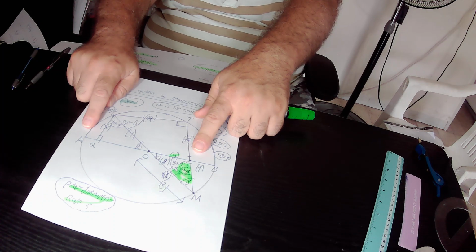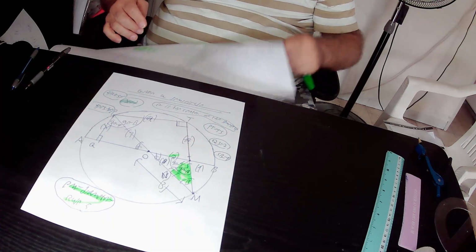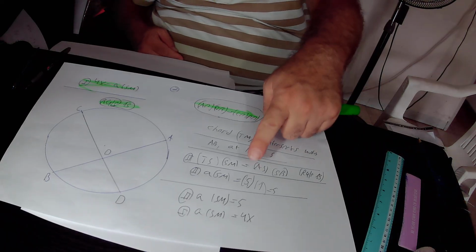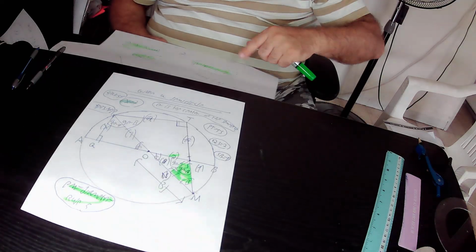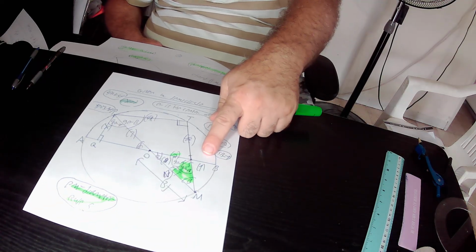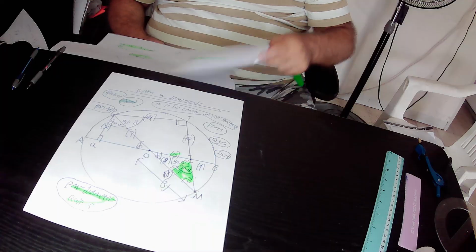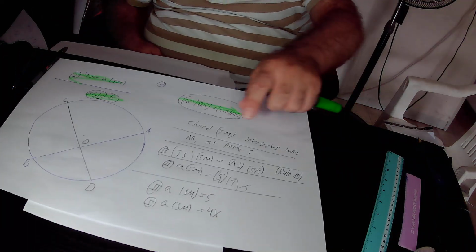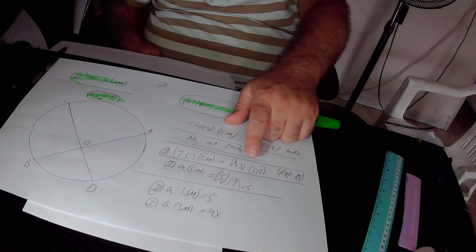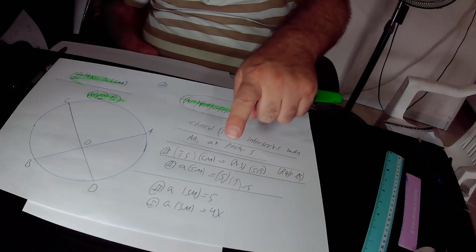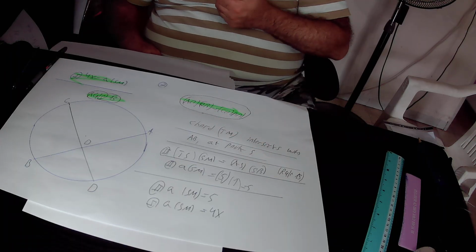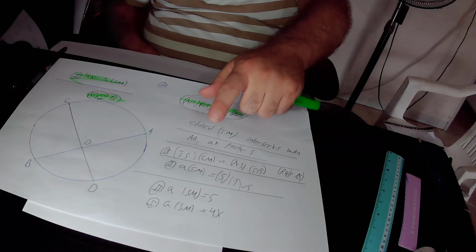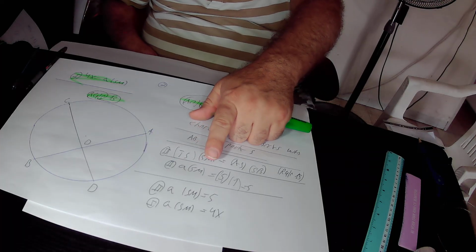So in total AS equals 3 plus 2, that is 5. SB equals 1 unit according to what is given in the question. So in total we found out that A times SM equals 5 times 1, that is 5. According to equation 2, A times SM equals 5.